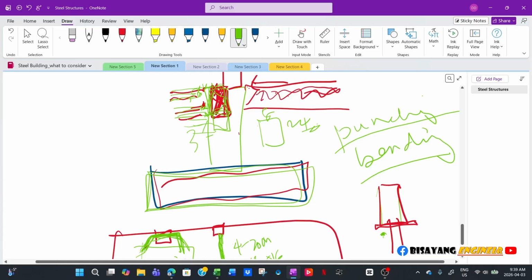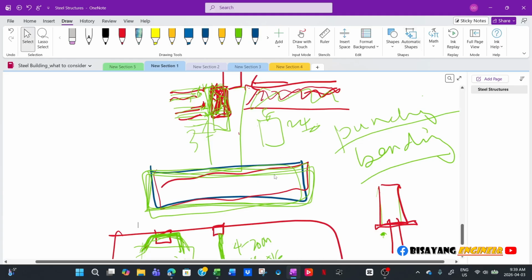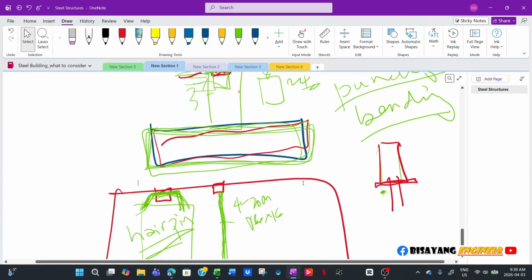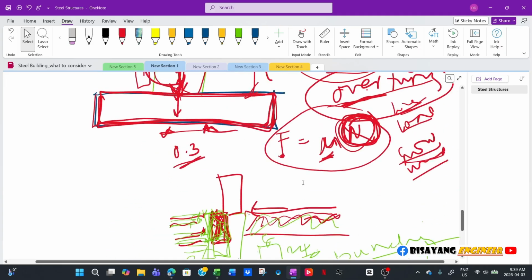Now, like I said, if there is no perimeter grade beam, there is no slab, then you have no other option but to rely on your footing to resist everything, like sliding, punching, bending, overturning, like that.